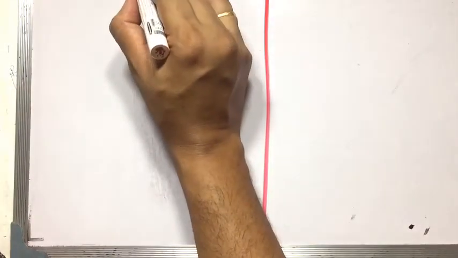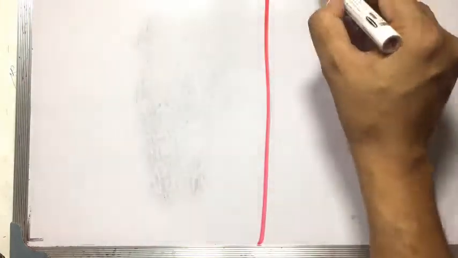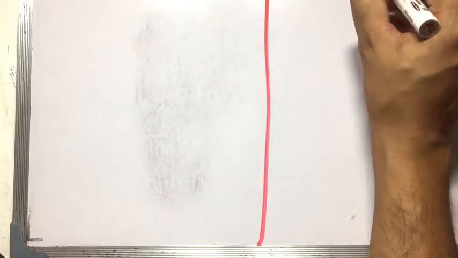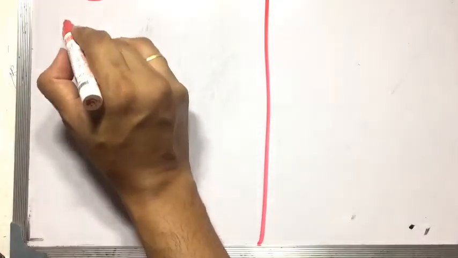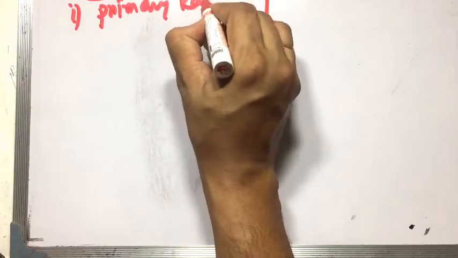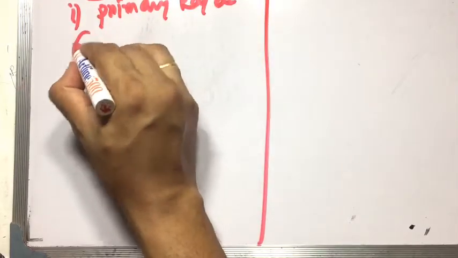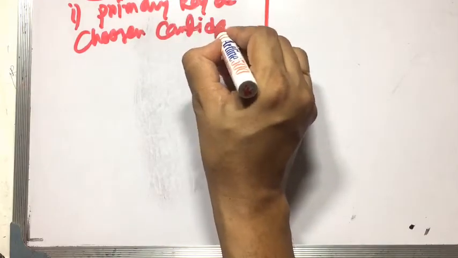Now the difference between primary key and foreign key. It's a very important question: what is the difference between primary key and foreign key? What is primary key and what is foreign key? These are the basic definitions. First of all, primary key is a chosen candidate key, that is, a selected candidate key.